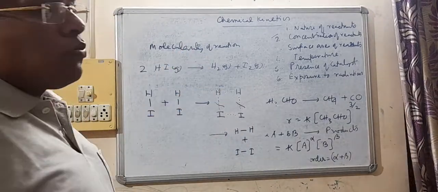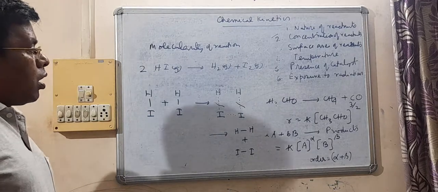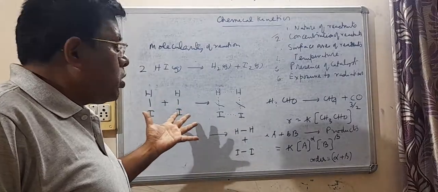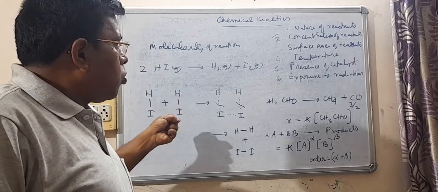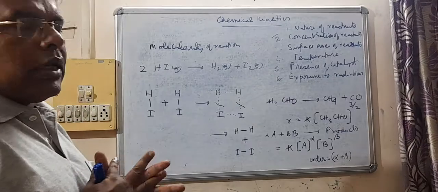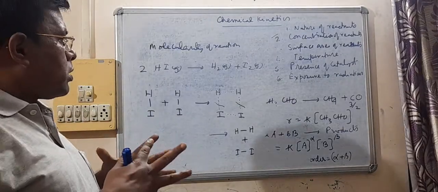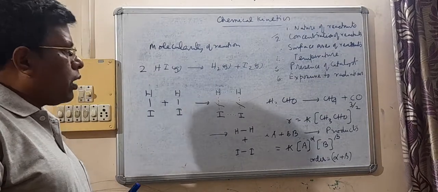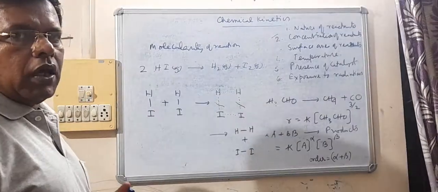So what is molecularity of a reaction? The number of reacting species, which can be atoms, molecules or ions, that collide simultaneously, resulting in a chemical change, is called the molecularity of a reaction.